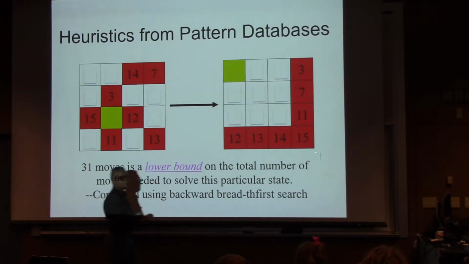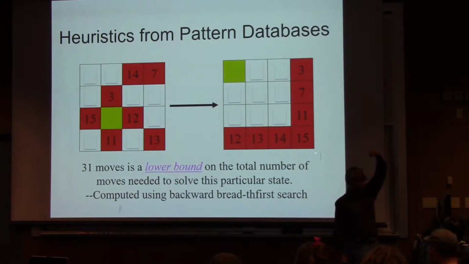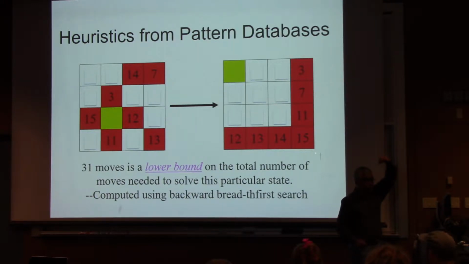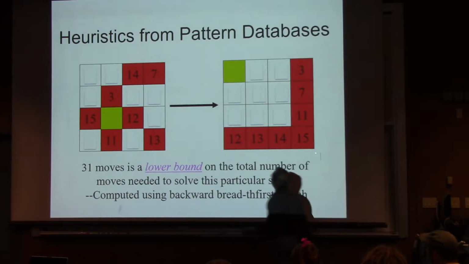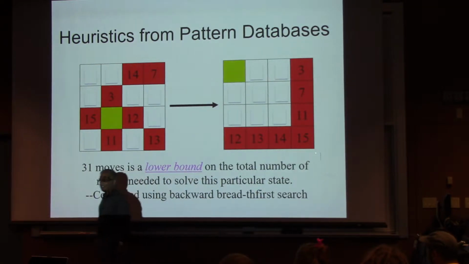You start from here. You start this as the root node. And do, horrors of horrors, breadth first. Okay? What you do is you start from here, you do breadth first search. So you start moving blanks around, right?